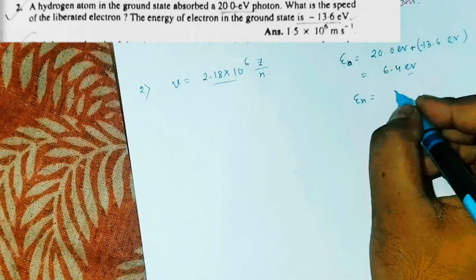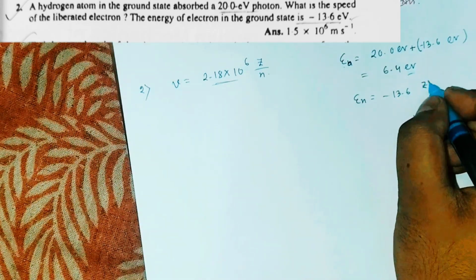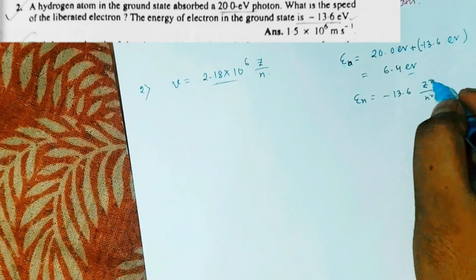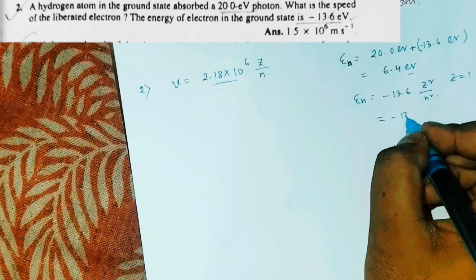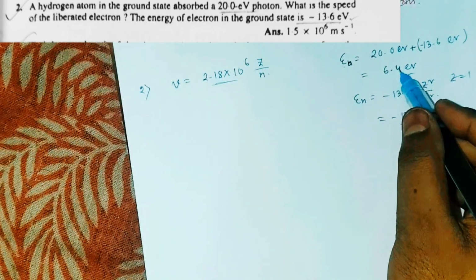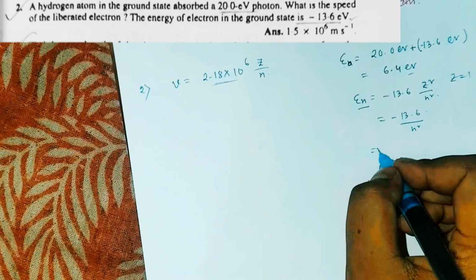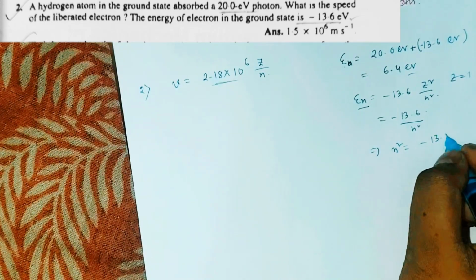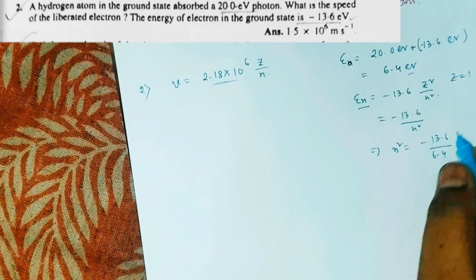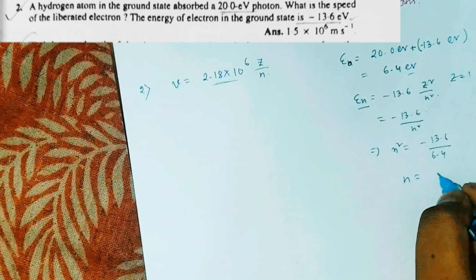The energy is minus 13.6 Z square by n square, and this is the hydrogen atom, so Z equal to 1, so minus 13.6 by n square, and you just substitute this value in this position. You will get n square equal to minus 13.6 by 6.4, and you will get n equal to 1.46.